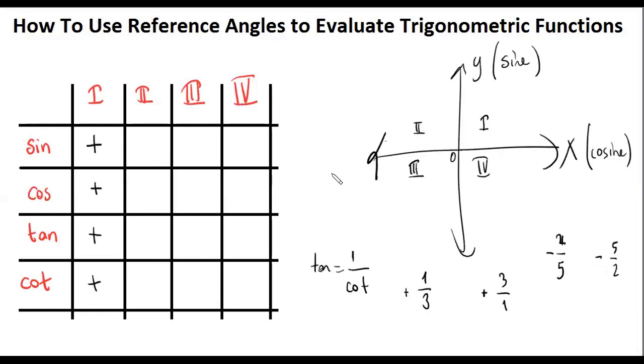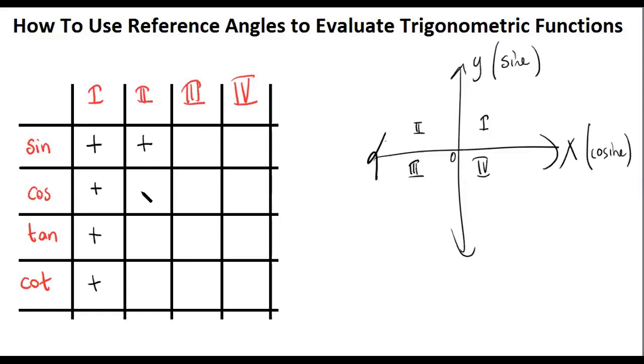So please stop me when you don't understand something and ask your question. Let's look at the second quadrant. Sine is always the y-coordinate, so the y-axis. So in the second quadrant, sine is going to be positive, right? Because the y values are positive in the second quadrant.